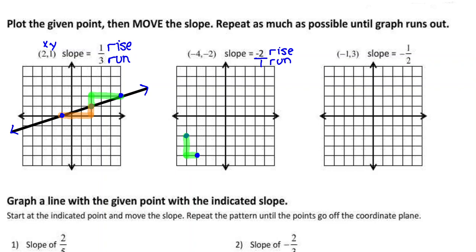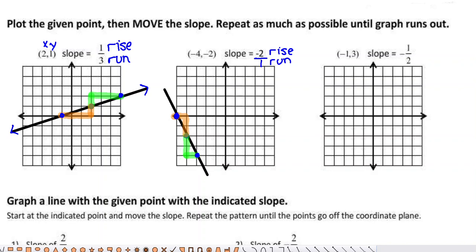I could also do the opposite of that: I could go up 2 and to the left 1. They're all going to be on the same line. And that one has a negative slope, because if I read it from left to right, it points down.